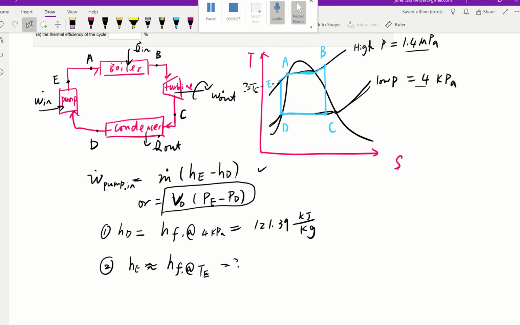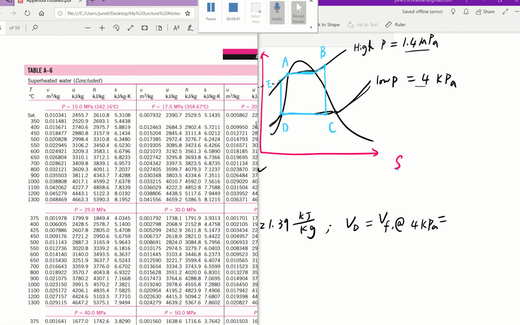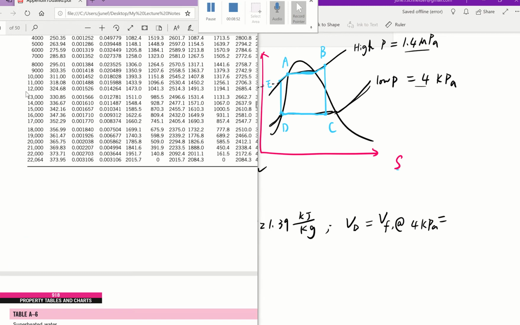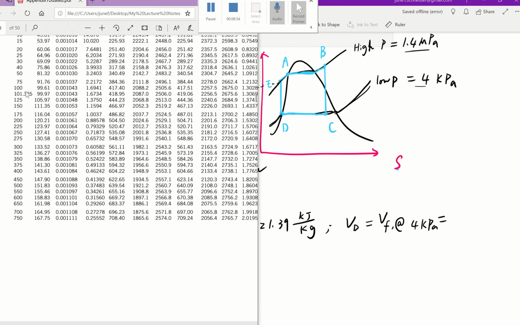Can we figure out the specific volume at D? Yes, we can, because D is saturated liquid. So I'm going to go back to step 1 and find VD. We're going to find VF, the specific volume for saturated liquid at 4 kilopascal. So I'm going back to the same table, table A5, and looking at 4 kilopascal.